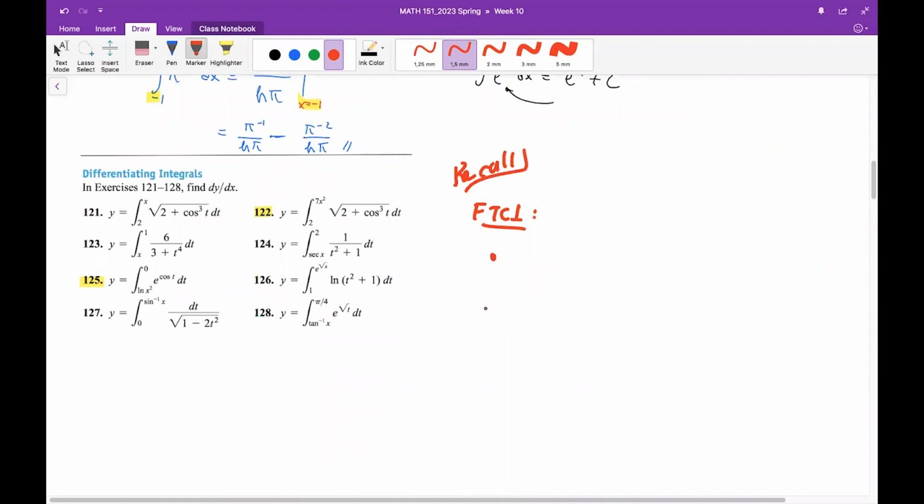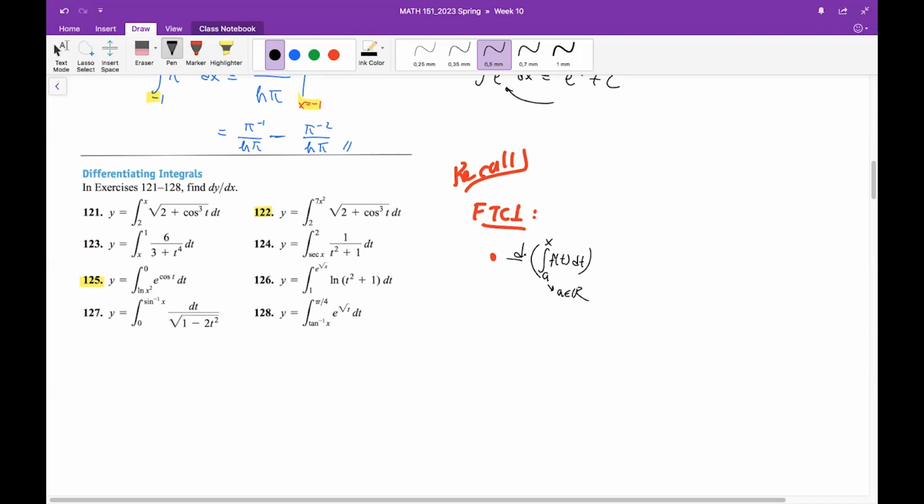We can analyze it into 3 different cases. So let me start with the simplest one. Okay, the simplest case. First, we are taking the integral f(t) dt, and this integral is from a to x, where a is an arbitrary real number.